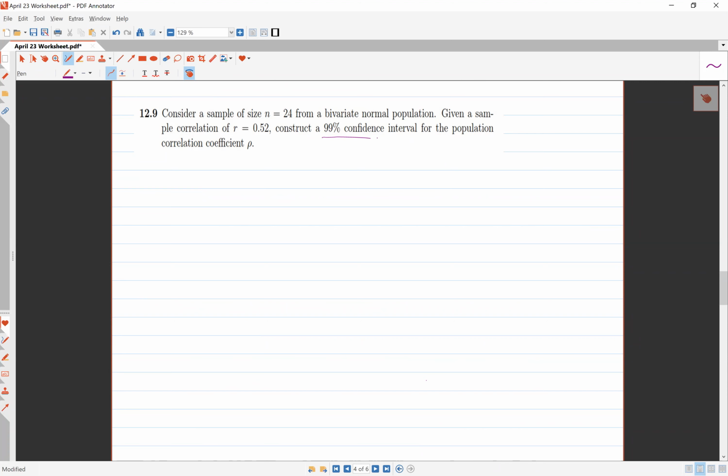You start off with this exact same V transformation and apply that to your observed sample correlation. So in this case, taking the natural log of 1.52 over 0.48, dividing that by 2, I get 0.576.